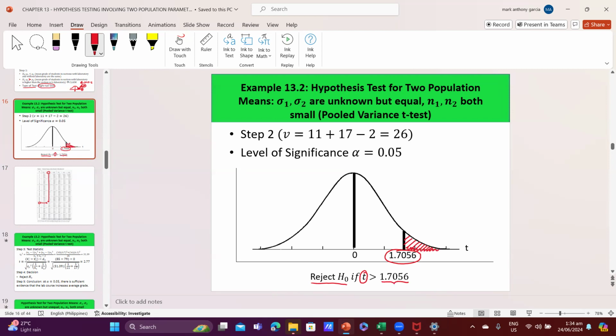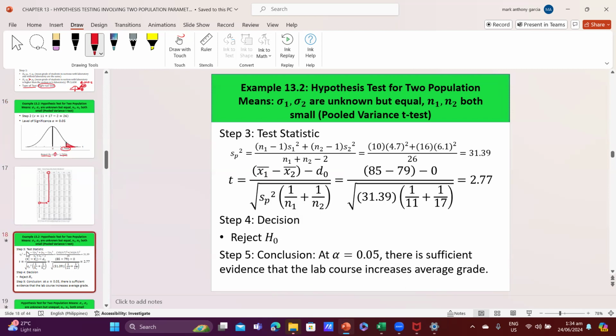1.7056. So in order to determine if our null hypothesis is rejected or not, we shall compute first our test statistic. For case number 2 or the pooled variance t-test, we have to compute first the pooled variance S_p squared. And we just plug in the necessary values that we got from our samples. In our numerator, we have 10 times 4.7 squared.